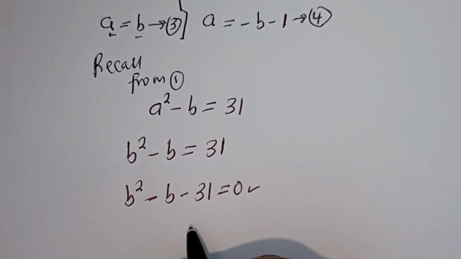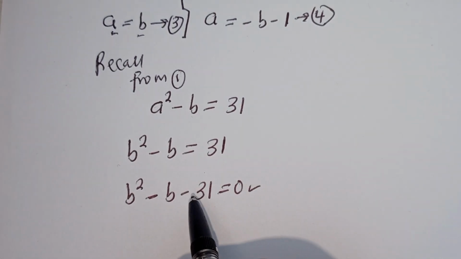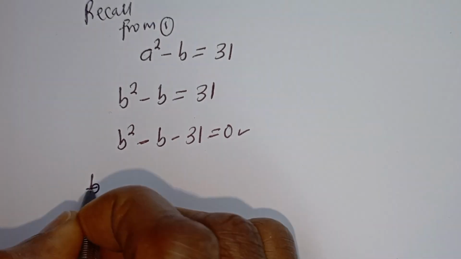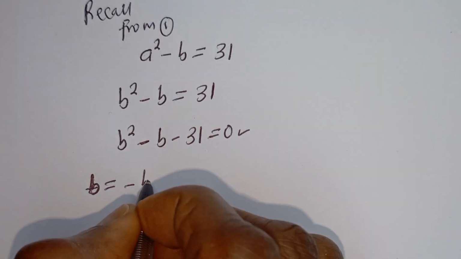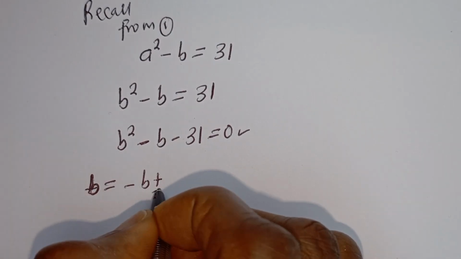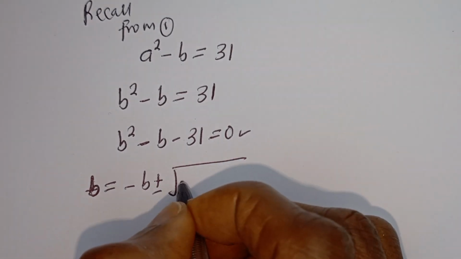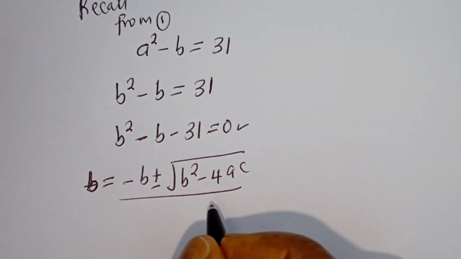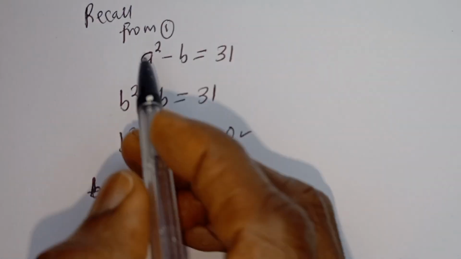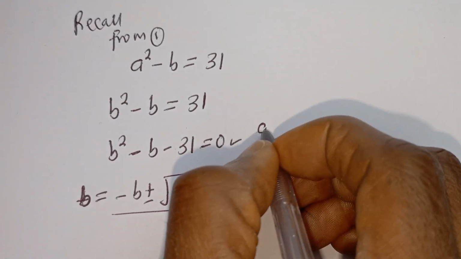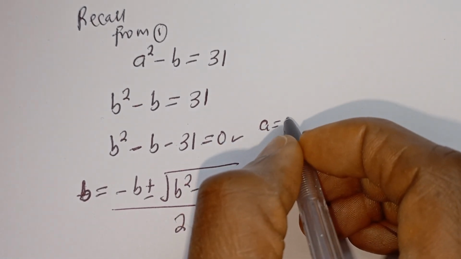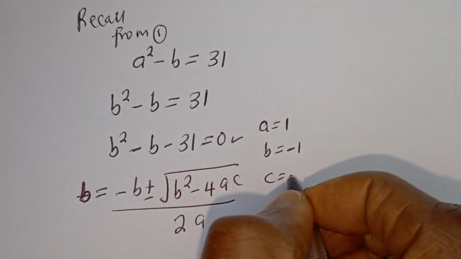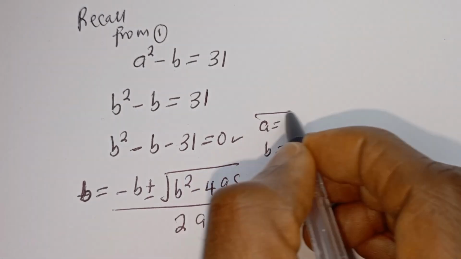So this is a quadratic equation. Let's solve this using the quadratic general formula. Our quadratic general formula is giving us b is equal to minus b, in this case, plus or minus square root of b squared minus 4ac over 2a. Then where a is equal to 1, b is equal to minus 1, c is equal to minus 31.